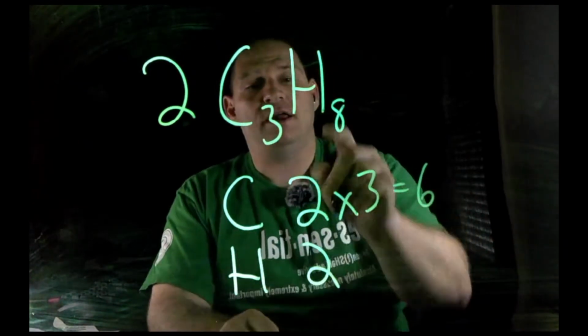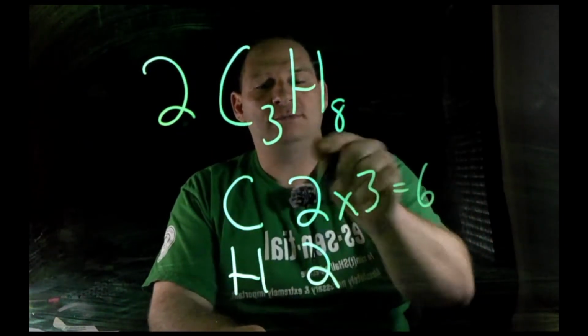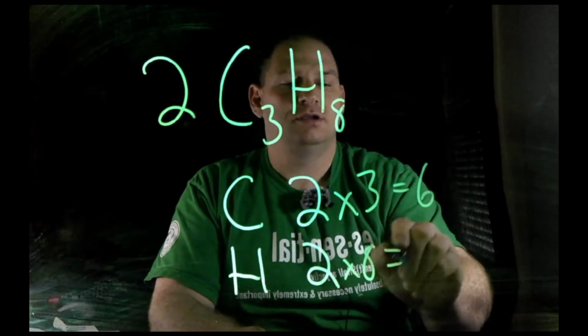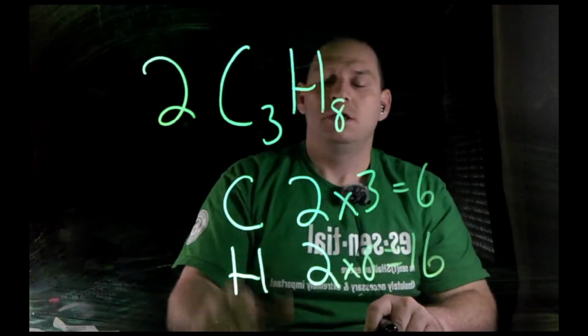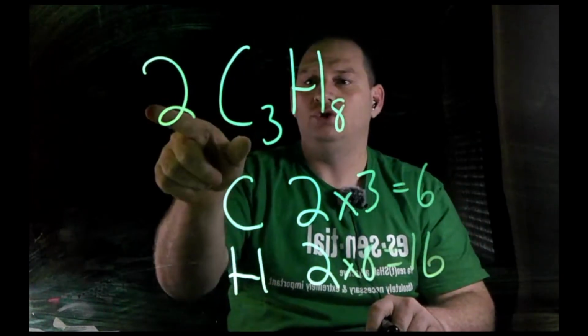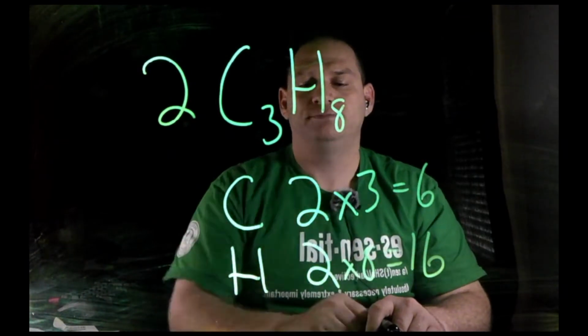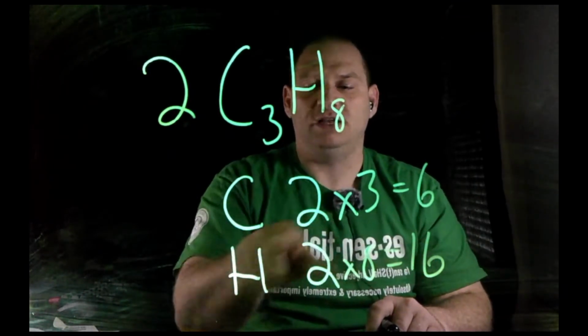For hydrogen, I have 8, so 2 times 8 is 16 hydrogens. So in this chemical equation, I have 2 molecules, a total of 6 carbons, a total of 16 hydrogens.